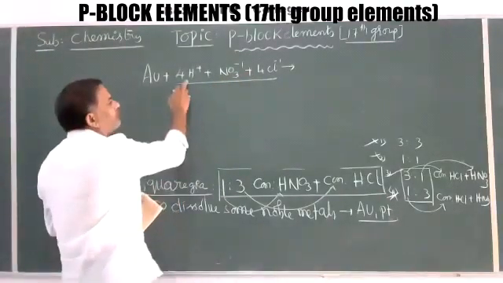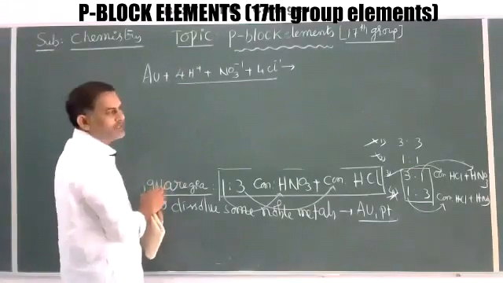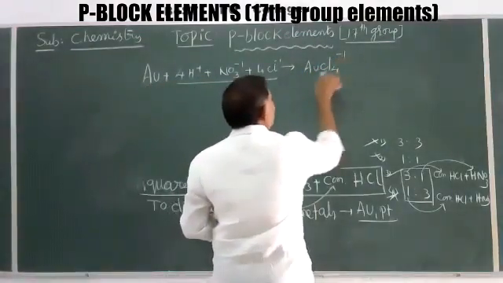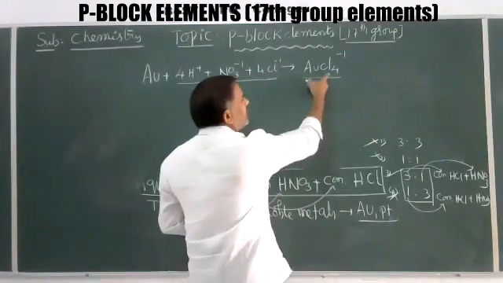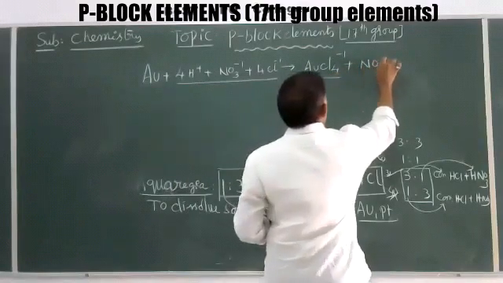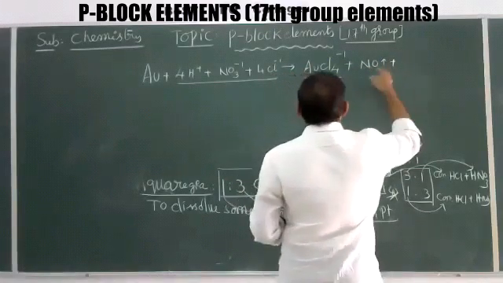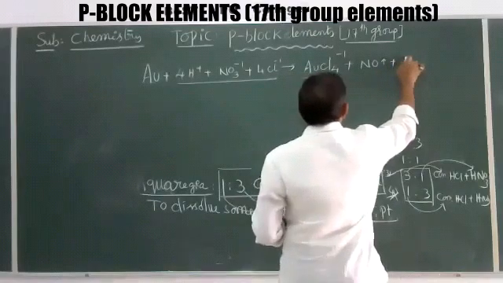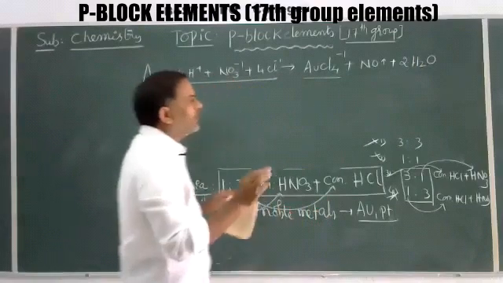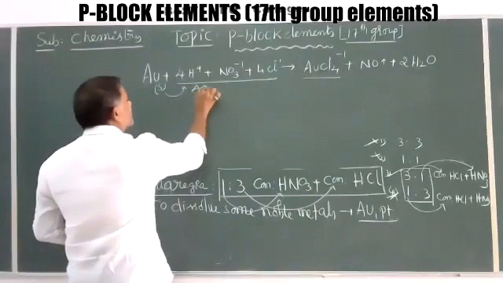In acidic medium, 1 mole of H+ is more compared to that NO3-. Both are acids. That gives corresponding AuCl4-. It is one complex ion, tetrachloroaurate complex. Plus here the NO, nitric oxide gas, colorless gas, plus reddish brown vapors are produced, plus here water is formed, like 2H2O is formed. Now it is balanced.